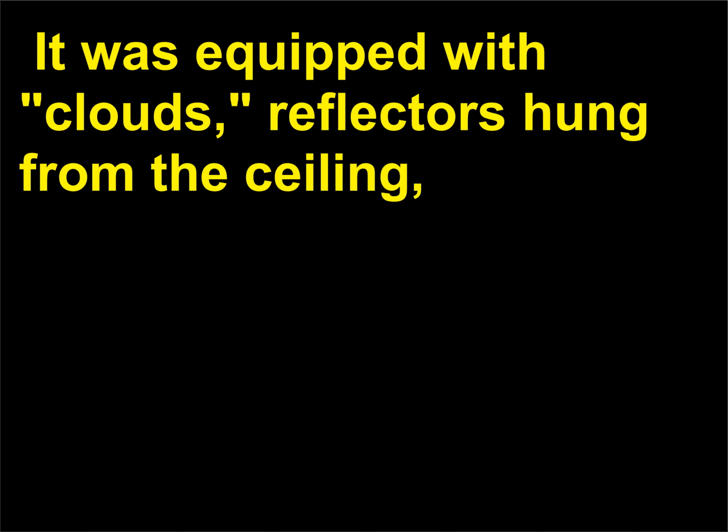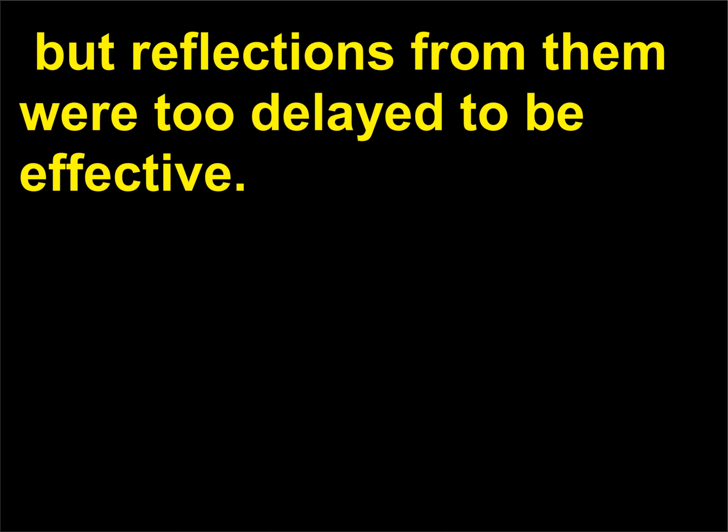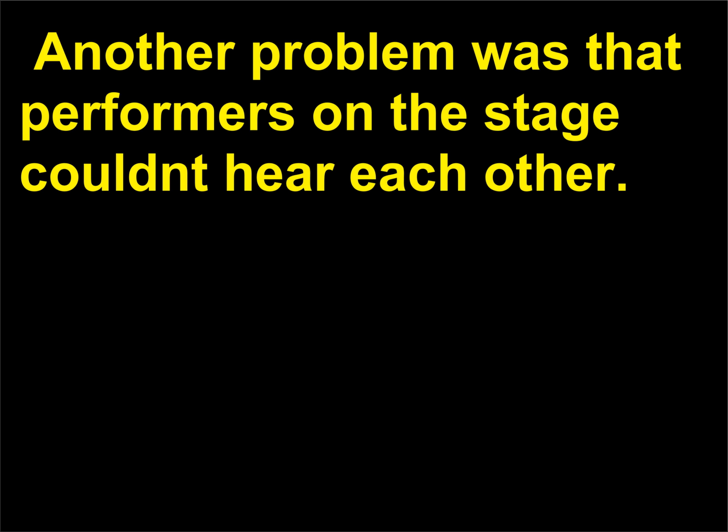The wider hall did not have enough initial reflections and sounded dry. It was equipped with clouds, reflectors hung from the ceiling. But reflections from them were too delayed to be effective. Another problem was that performers on the stage couldn't hear each other.